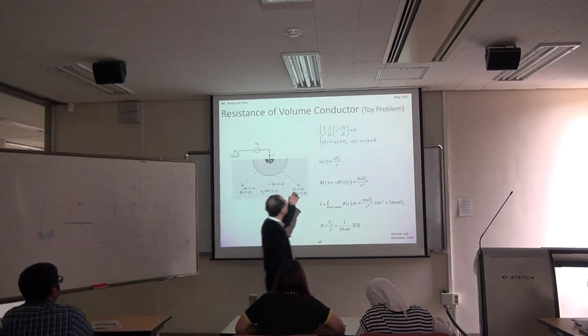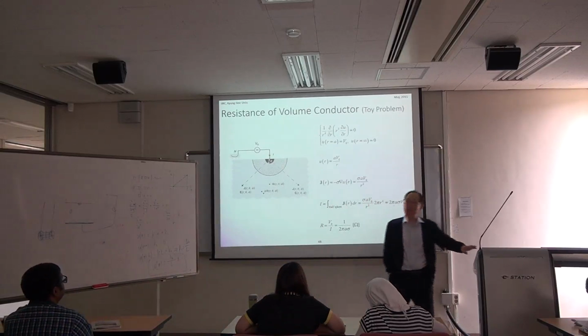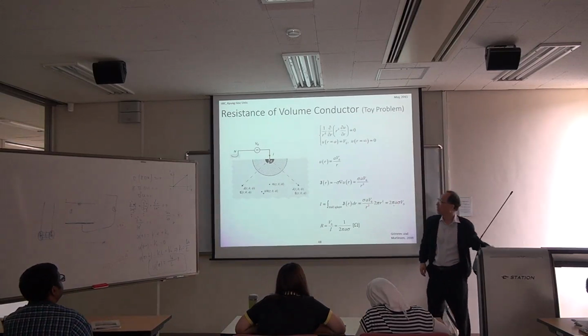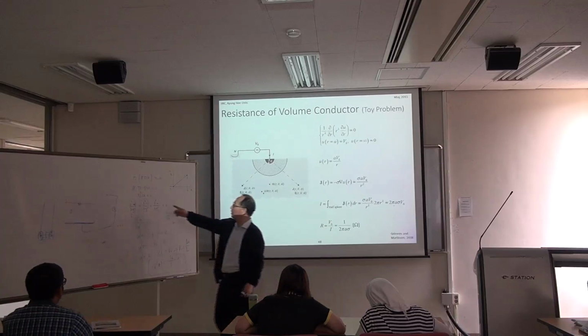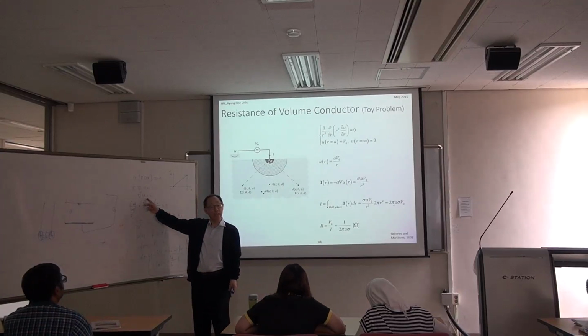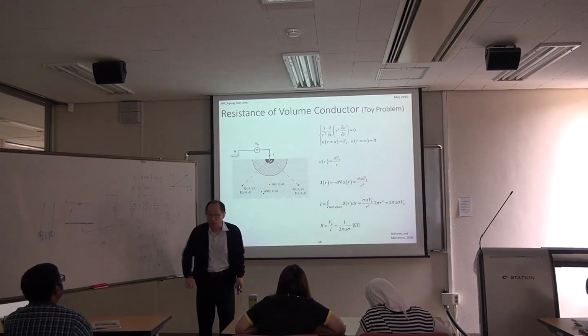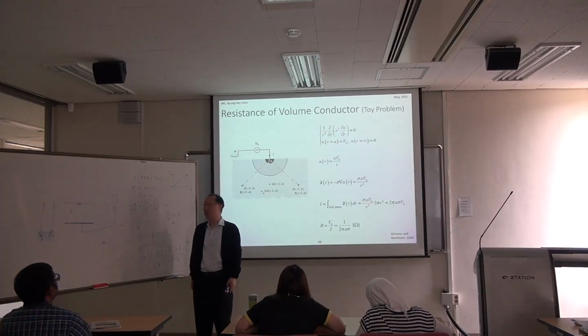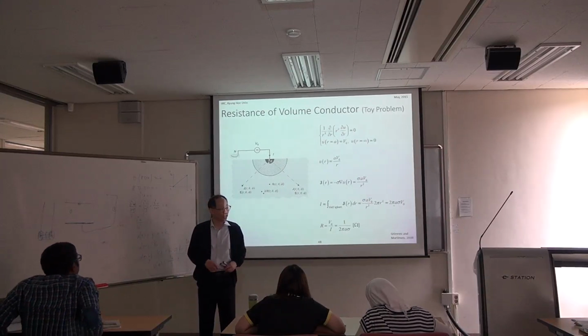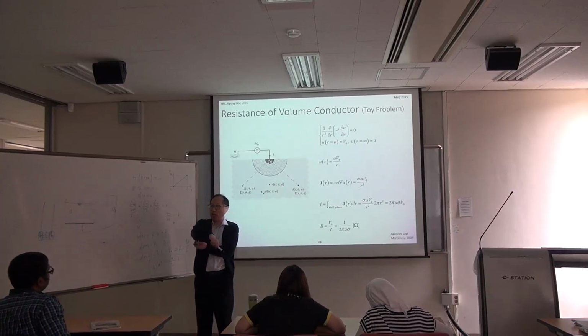How do you solve it? We have to use a spherical coordinate system. So we have the Laplace equation, yeah? And you find the expanded form of the Laplace equation for the spherical coordinate system, and then you notice that there's going to be no change in voltage along any angular direction.